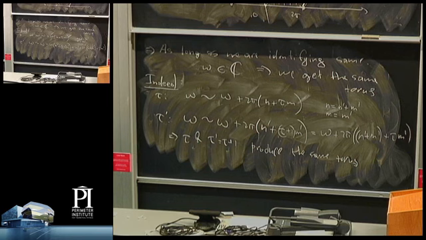They can take arbitrary values. So we conclude that tau and tau prime equals tau plus 1 produce the same torus. Okay, is that clear? Okay, good. So the next is the S transformation.